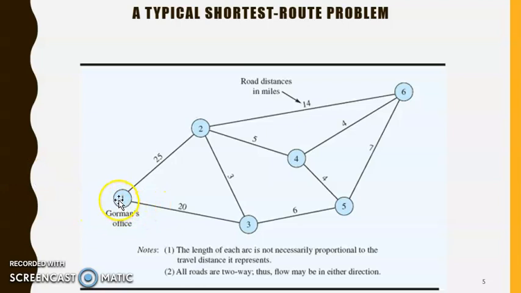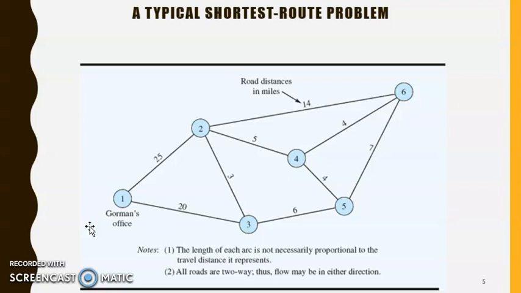Here from 1 to 2, 1 works as origin and 2 as destination. 2, 3: 2 is origin, 3 is destination. 3, 5: 5 is destination, 3 is origin. And here 3 is destination of 1. So you see many nodes, many arcs. So it is called a network.